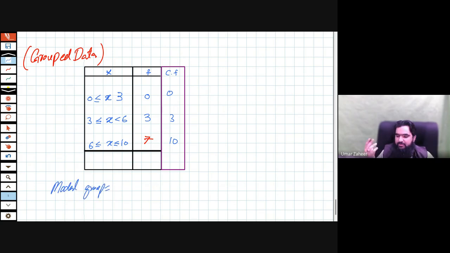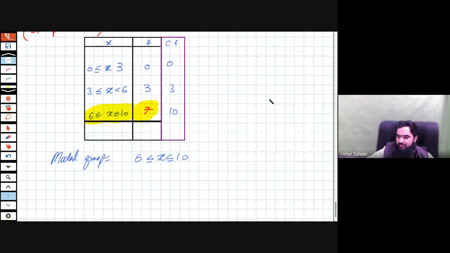So the modal group is a group in which you have the higher frequency. So look here, this group has the highest frequency. So it means that the modal group will be 6 to 10. Yes, everyone, any question up to here?